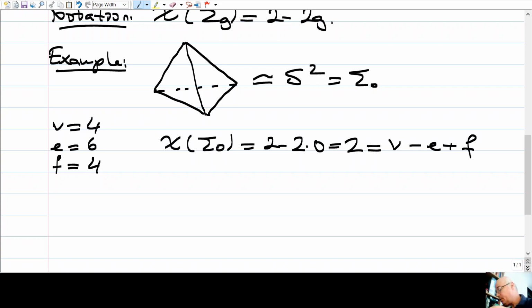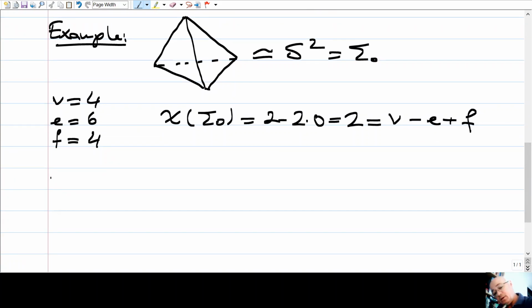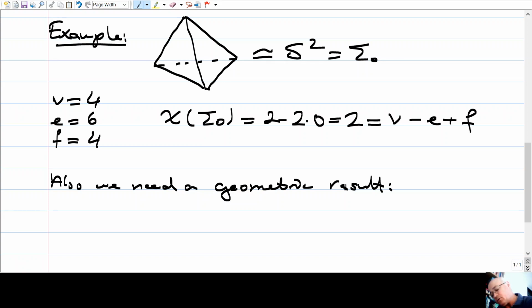Also we need a geometric result, which is about Gaussian curvature, and it is the following.